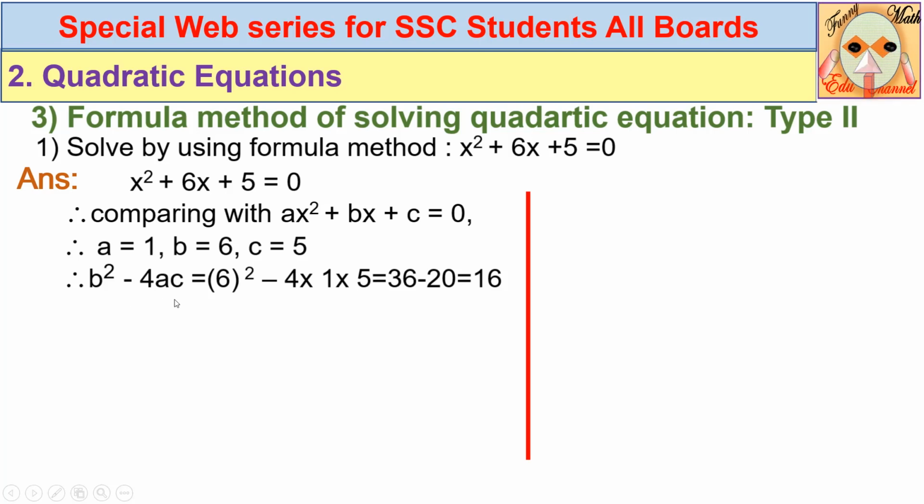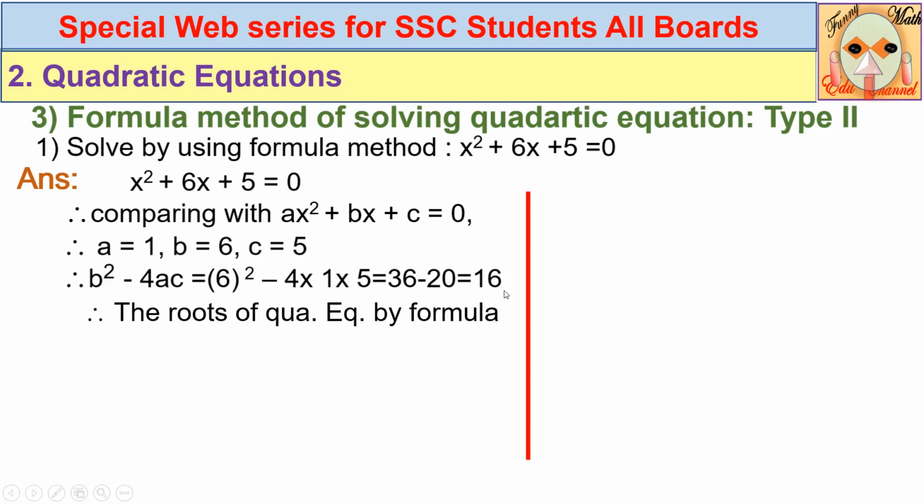The value of b square minus 4ac is equal to 6 square minus 4 into 1, that is a, and c is 5. So you get 6 square 36, 4 5s are 20, and with the negative sign minus 20. So 36 minus 20 you get equal to 16. In this way we have the value of b square minus 4ac as 16.